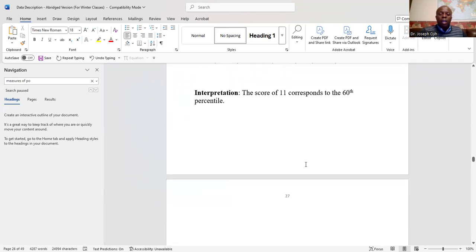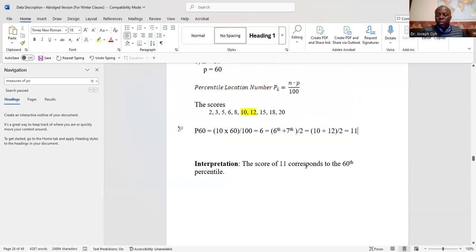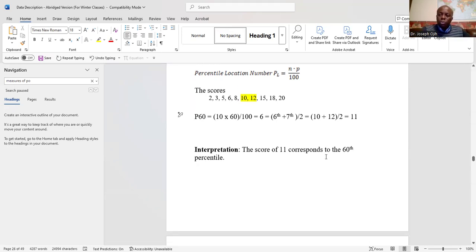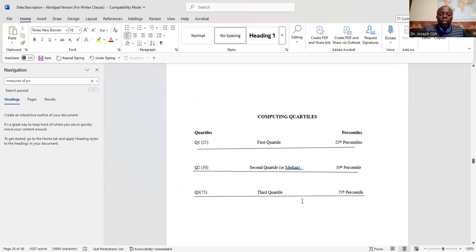Any other question? I wanted us to stay longer, but I have a meeting by 1 o'clock, so I'm going to let you go. But continue practicing on this, and on Tuesday we begin from quartiles.